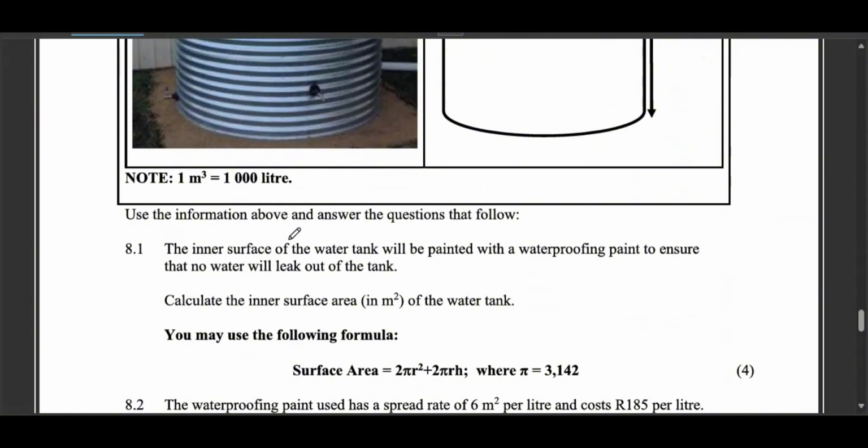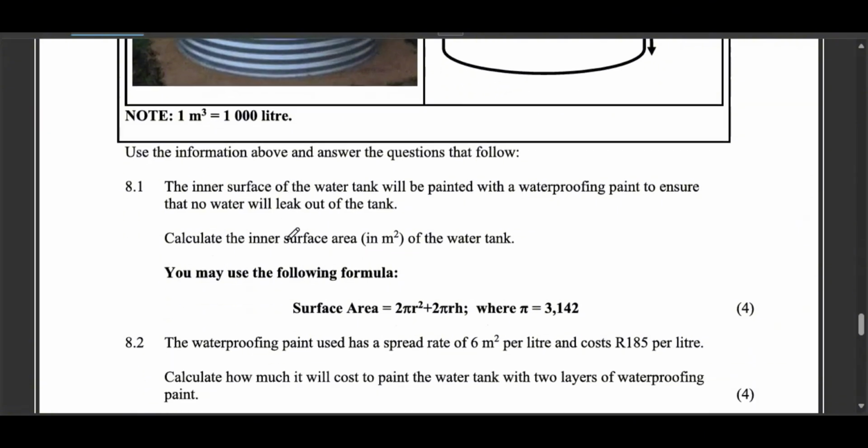The inner surface of the tank will be painted with a waterproofing paint to ensure that no water will leak out of the tank. Calculate the inner surface area in meters squared of the water tank.